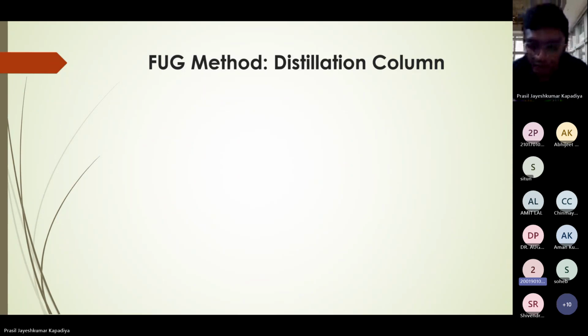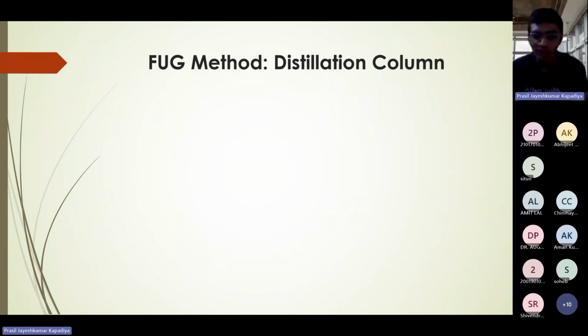Yes, sir, we are also using the Ponchon-Savarit method, in which the latent heat of condensation and latent heat of vaporization are different on different trays, and the molar overflow is also not equal on each tray. It's constantly changing. Okay.